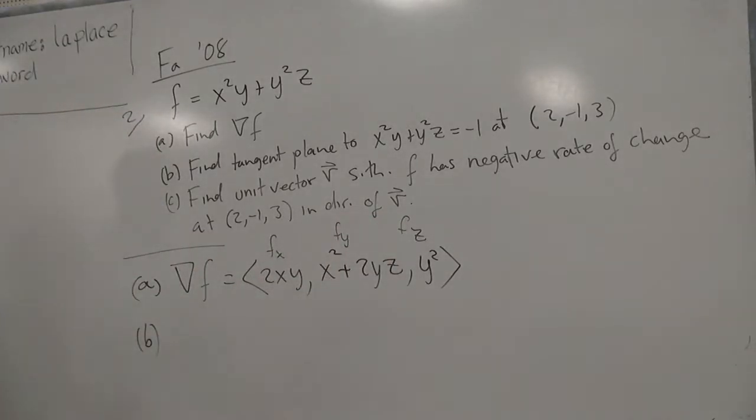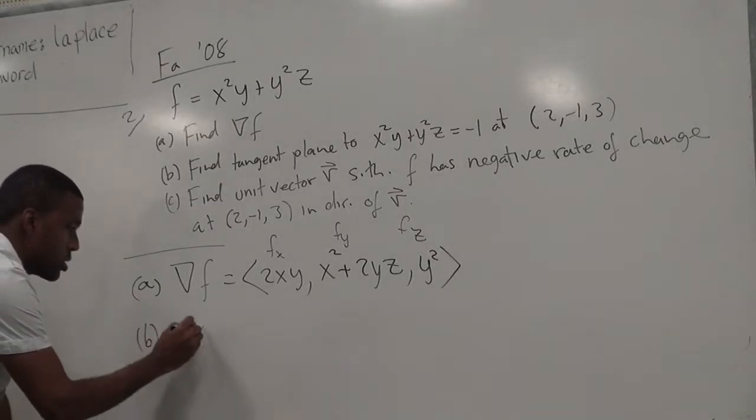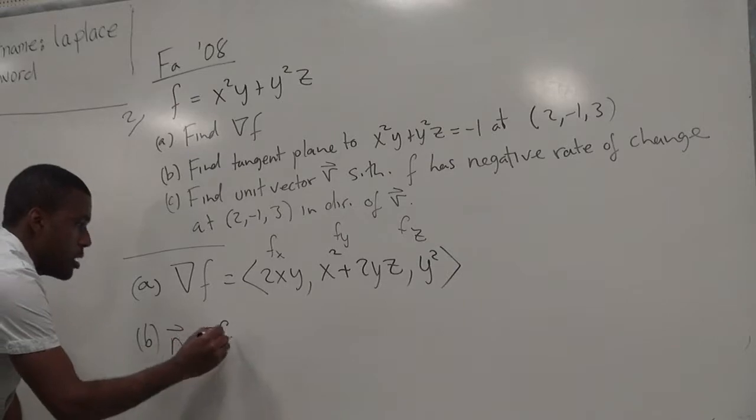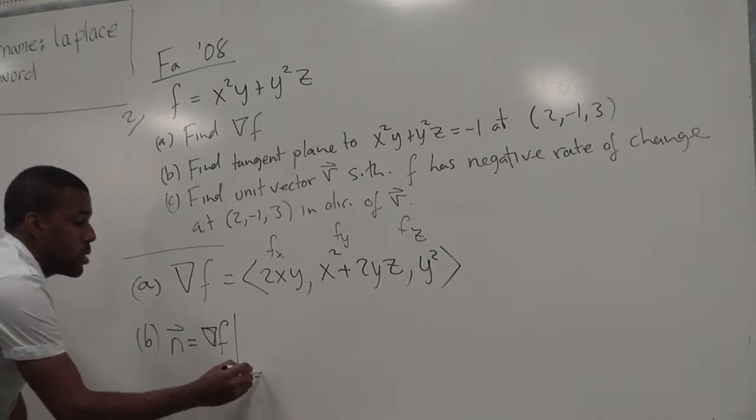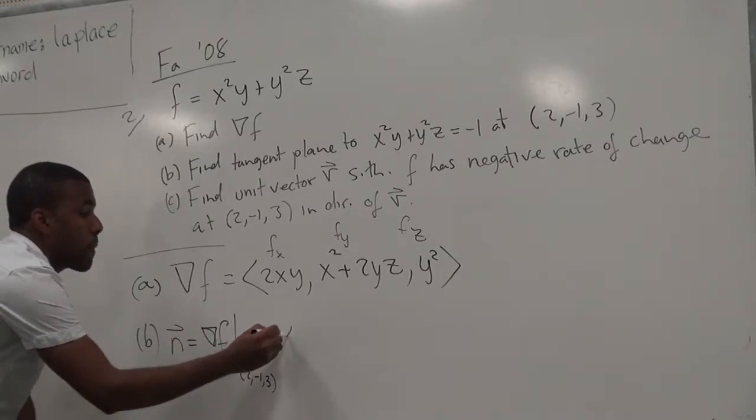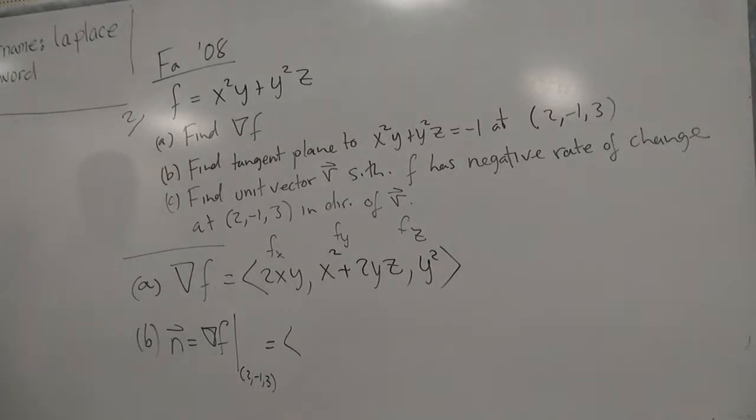The tangent plane. Here we know the normal vector is just going to be the gradient vector evaluated at the point (2, -1, 3). Which is going to be what?